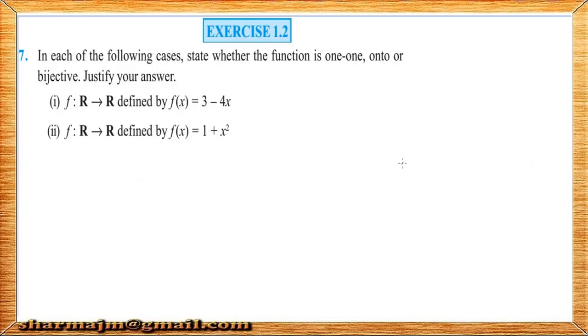Next, the second part of this question. f is a function from R to R such that f of x is equal to 1 plus x square.